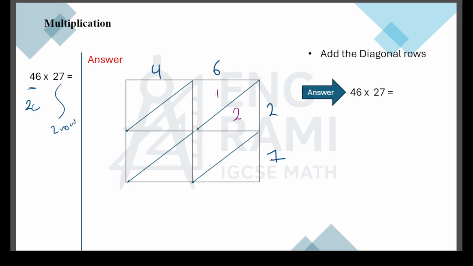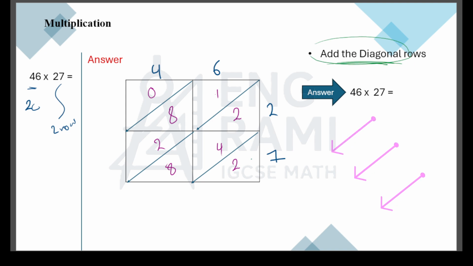And 6 times 7 equals 42. 4 times 2 equals 8, 0, 8. And 4 times 7 equals 28. Then add the diagonal rows. I mean, here's 2, there's nothing to add to.